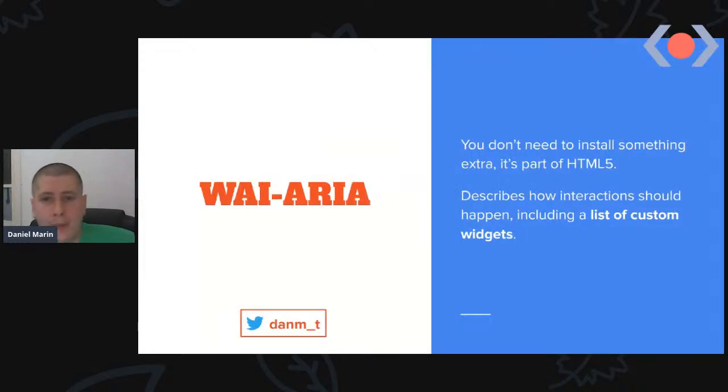So WAI-ARIA. WAI-ARIA used to scare me a lot, and it turns out it's the coolest thing ever. It's another standard to help you build more accessible interactions. They have a bunch of patterns of things that you can do to make your applications better in terms of accessibility and usability.